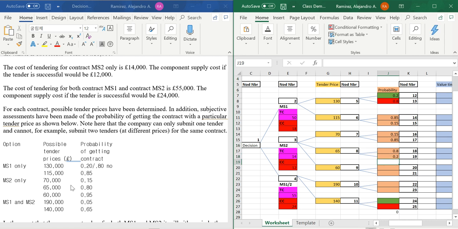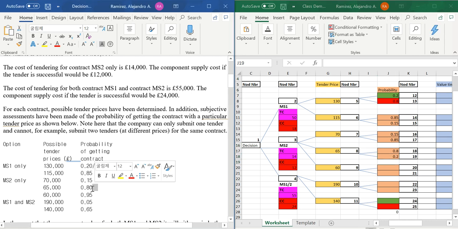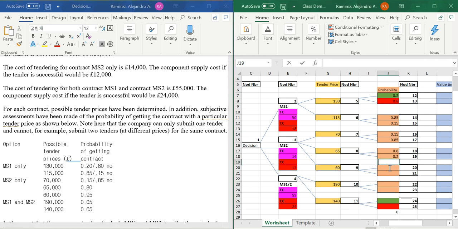So there's always something missing, so you always have to complete it. In this case, for example, 0.15 is a no. Then 0.85 is a no. That's why I'm filling in the remaining. Even if the information is not given, we calculate it, because it's always like that. So we have 60: 0.95 and then 0.05.